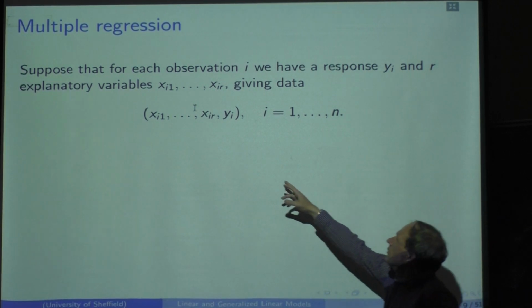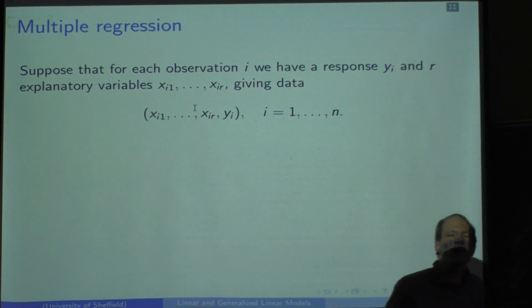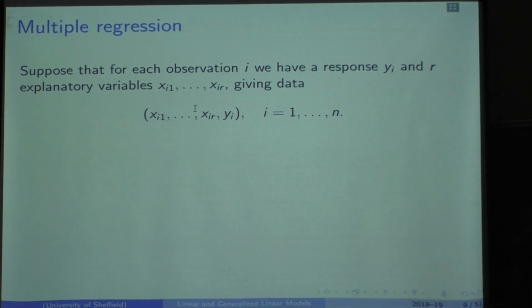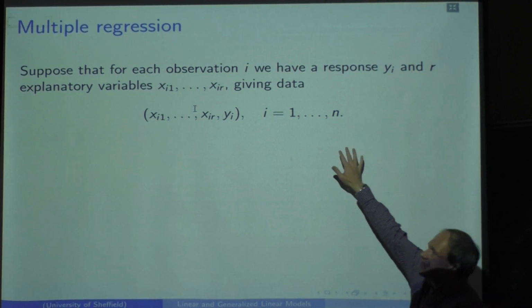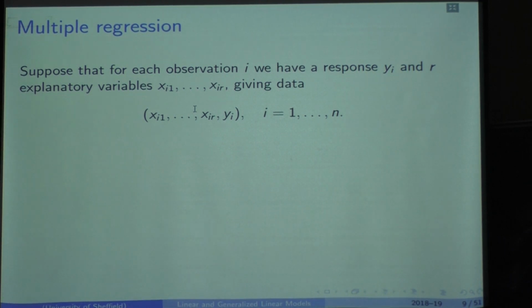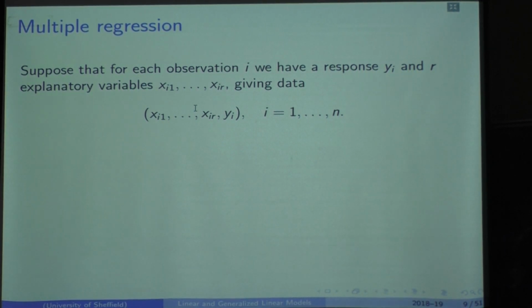Whereas yi would be the volume of air expelled in the experiment. Okay? So you'd have those observations for each i, 1 up to n, which means that there are n observations in total, and on each one of them we have R values of explanatory variables and a single value of the dependent variable.